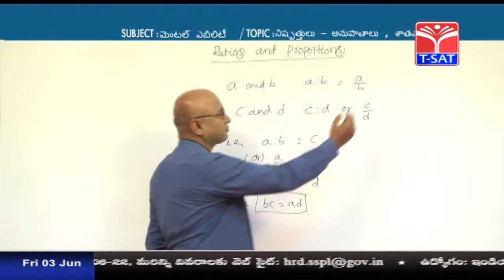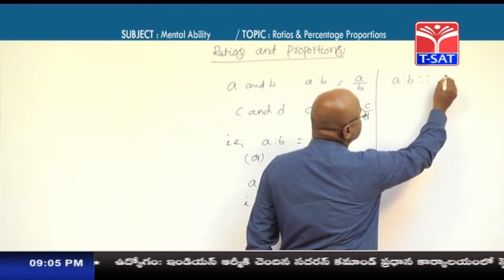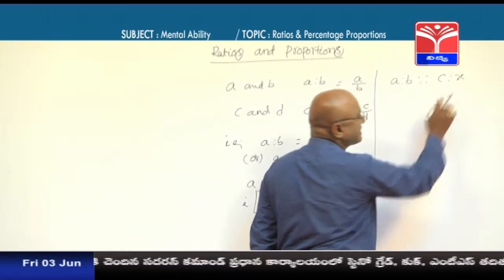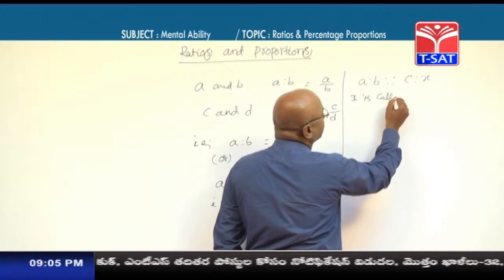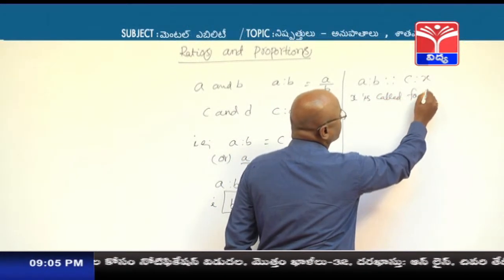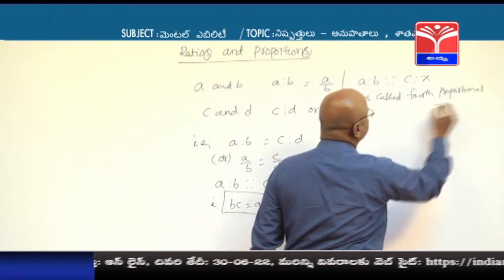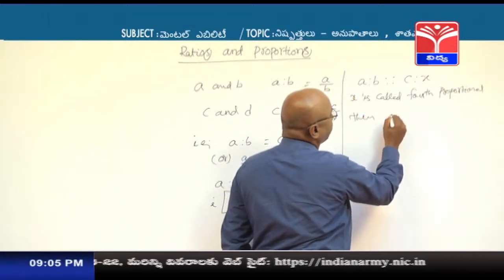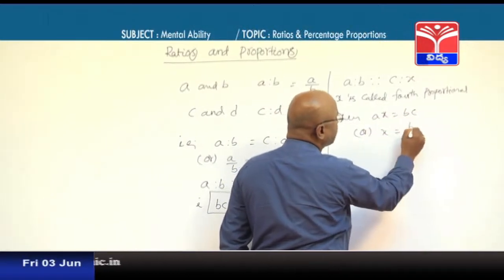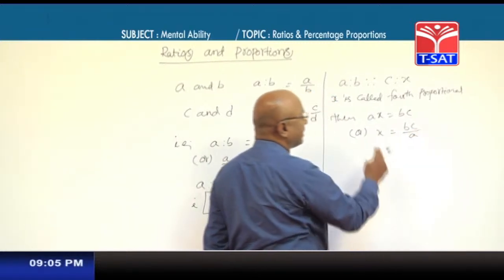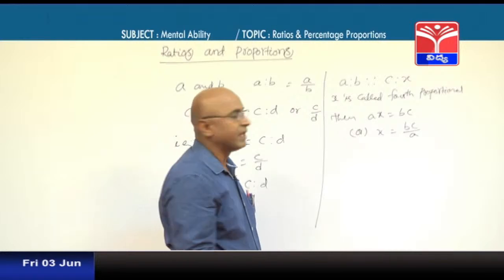And now, if A is to B as C is to X, here X is called the fourth proportional. Then AX equal to BC, or X is equal to BC by A. So in order to find out the fourth proportional, X is equal to BC by A.